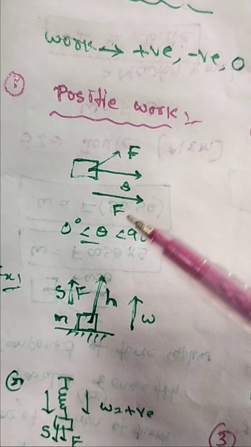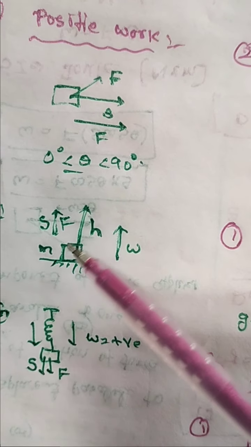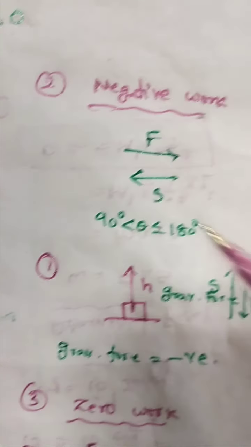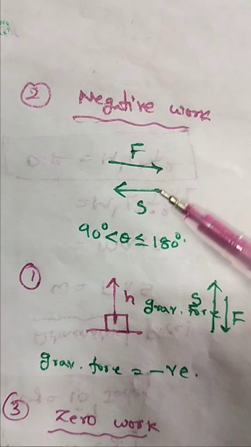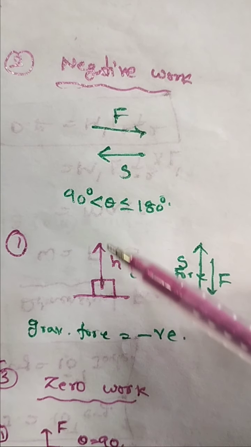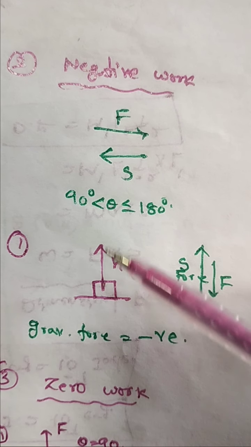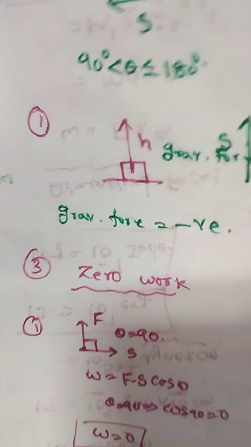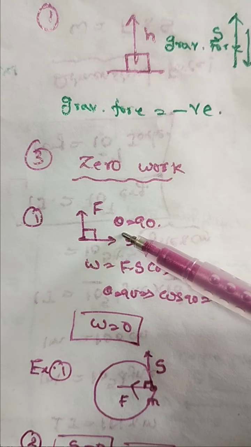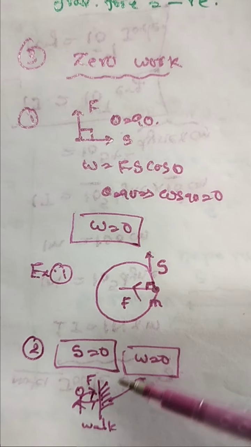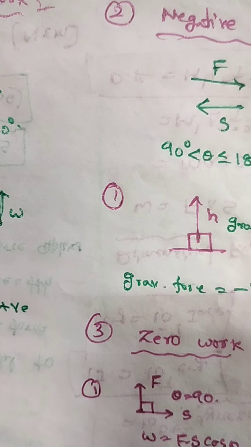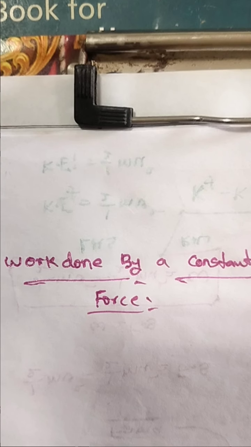Examples of positive work: lifting of an object, the expansion or elongation of a spring. Second, when F and S are perpendicular to each other, the work is zero. Zero work occurs in three cases: when F and S are perpendicular, when the displacement is 0, or when F is equal to 0. So this is the nature of the work.